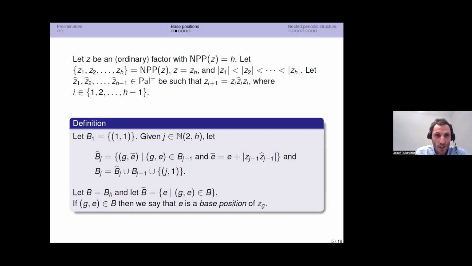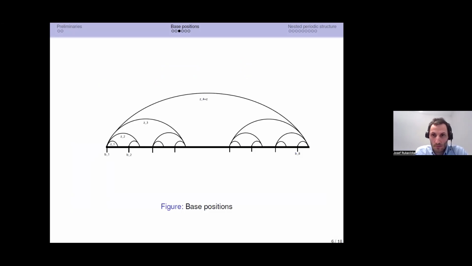The first integer in the couple is the index of the palindromic prefix of Z, so it is 1, 2 till H. So the set B are the couples of these integers, where the first one is the size of the palindromic prefix, and the second one is the position of it. Maybe you need some time to understand the definition, but from the picture, I think there is no doubt. So I continue.